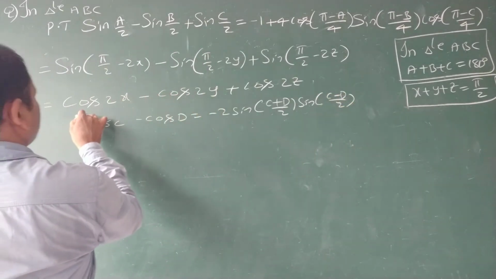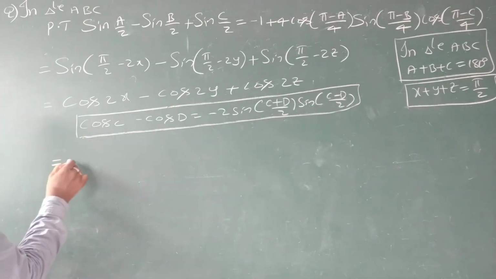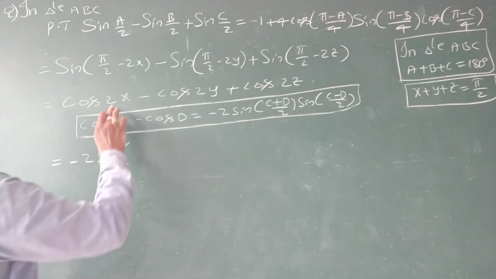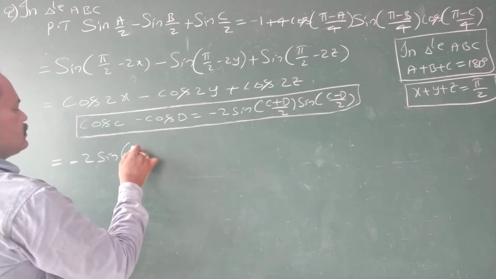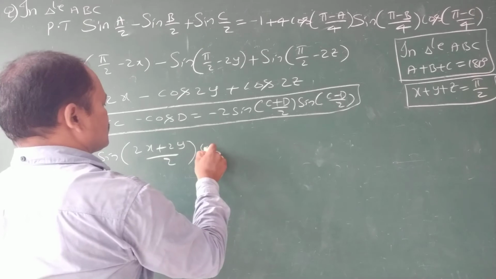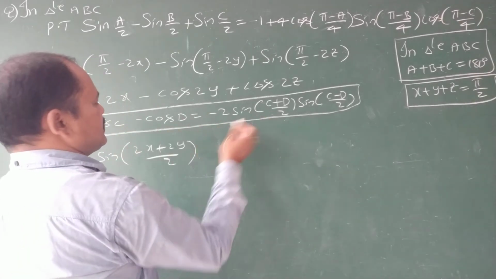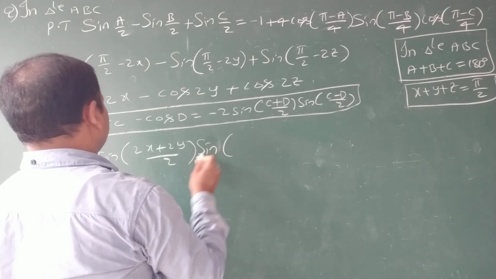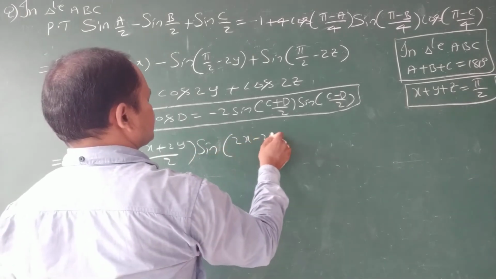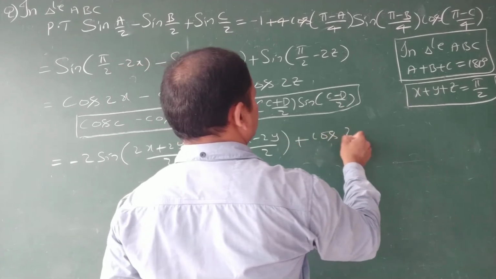According to this formula, this is minus 2 sin of (2x plus 2y) by 2 into sin of (2x minus 2y) by 2, plus cos 2z.